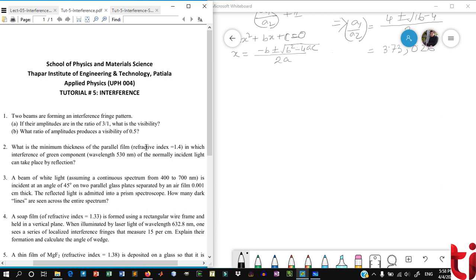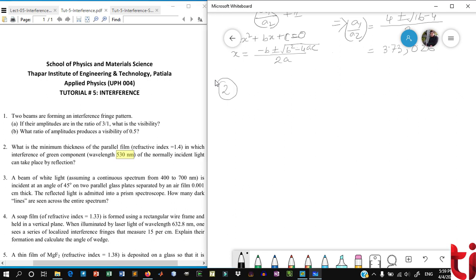The parallel thin film is made up of a material of refractive index 1.4, and the light that is used is the green light of wavelength 530 nanometer. And normally incident light, so the incident angle is 0, and that's why the refraction angle will also be 0.